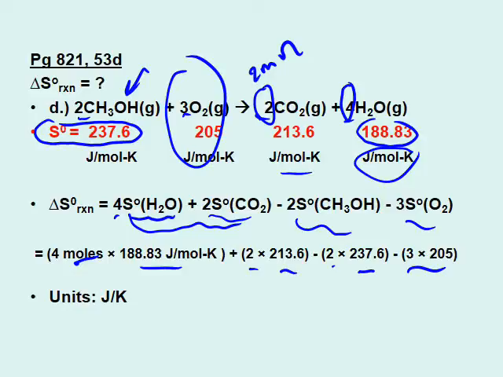And if you keep track of units, this 2 is mole, 3 is mole, and the other numbers like 213.6, 237.6, and 205 have the unit of joule per mole times Kelvin. So mole would cancel out, then you get joule per Kelvin.